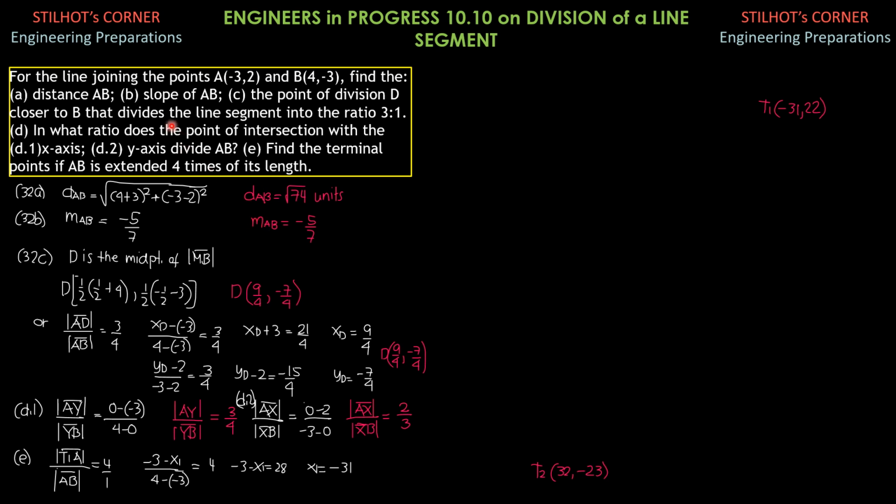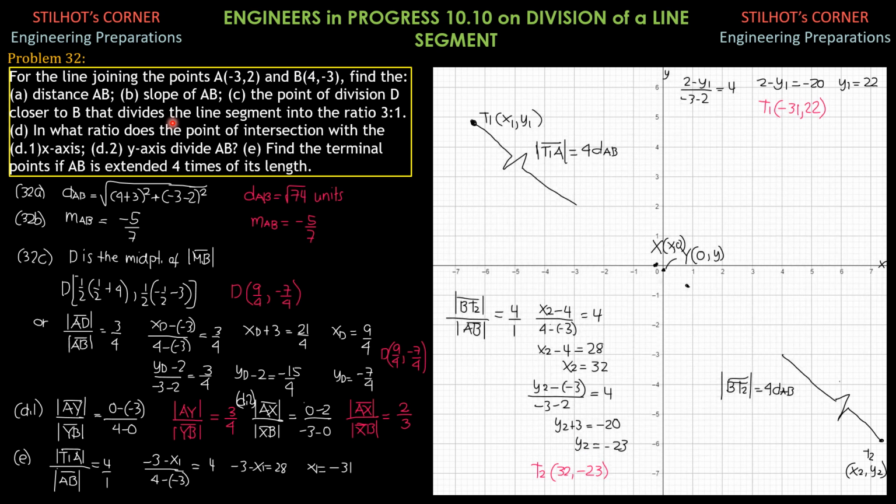So let's plot points A and B first so that you will be guided as I discuss the solution. This is point A, which is at -3, 2, and point B at 4, -3. So these points are exactly located on the coordinate axis. For the distance, we apply the Pythagorean theorem.